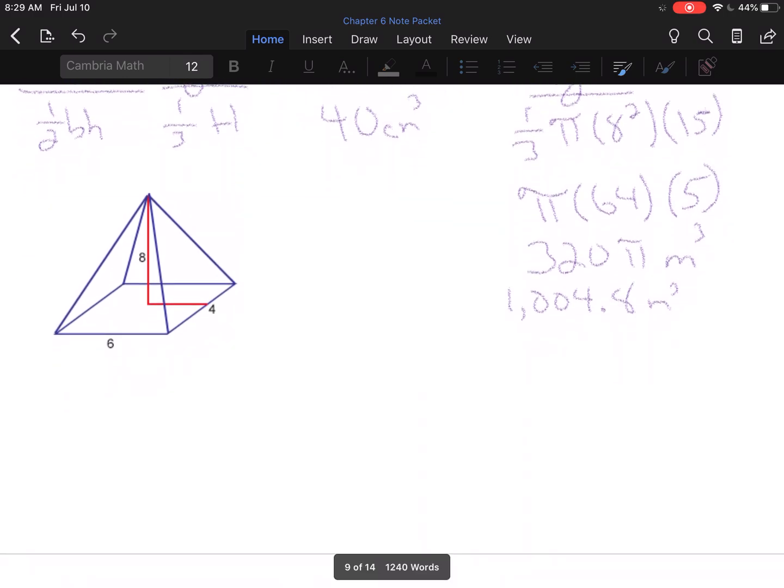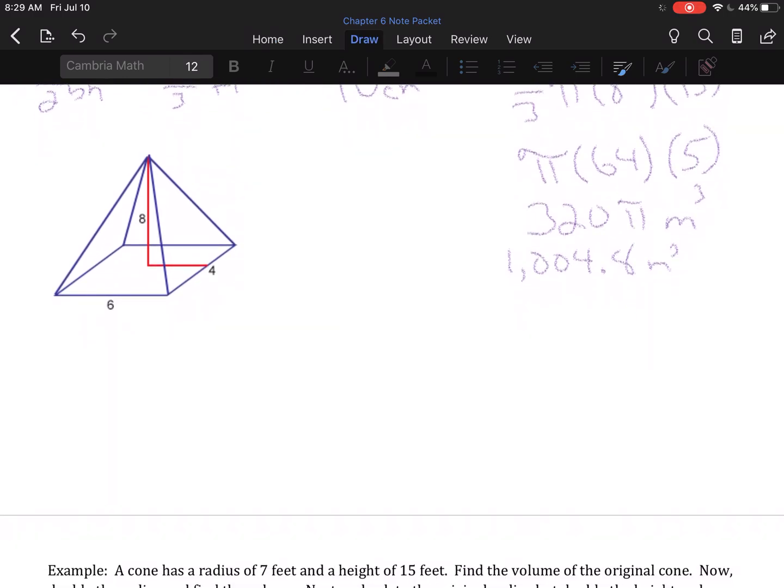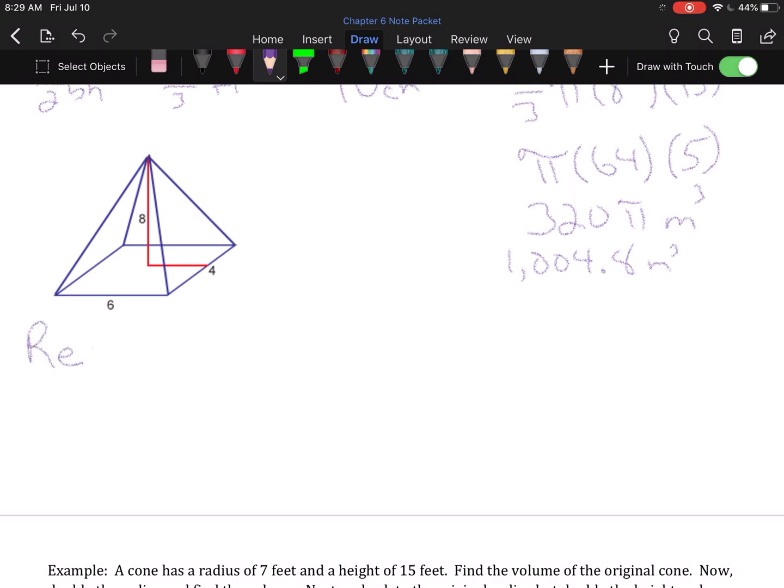Next we have a rectangular pyramid. Rectangle is length times width. Pyramid is 1/3 height. So the volume here is going to be 6 times 4 times 1/3 times 8.